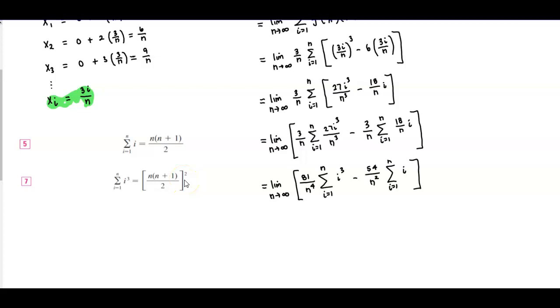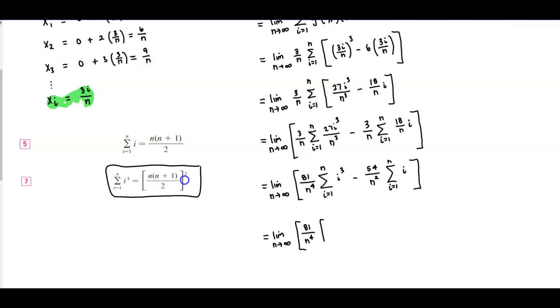Well, that means that now this becomes the limit as n approaches infinity of 81 over n to the 4th, and now we know this is what i cubed represents, the summation of that i cubed.